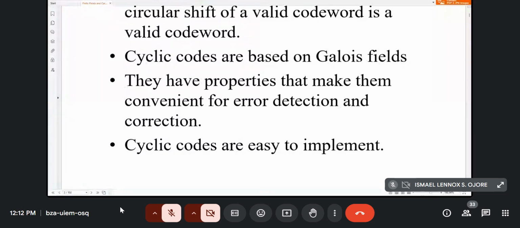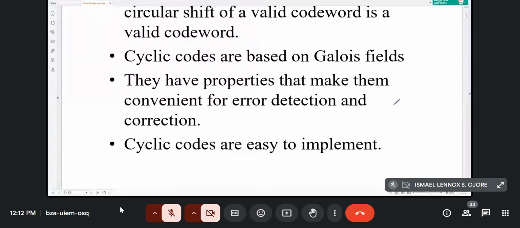It is systematic in that it has two distinct parts, the message and the error checking bits. So the K message bits and N-K error checking bits. And obviously you can see why this is very important, because it is easy to decode.